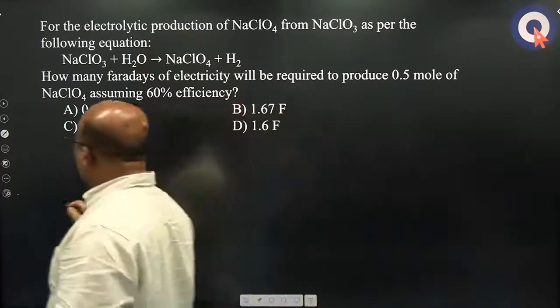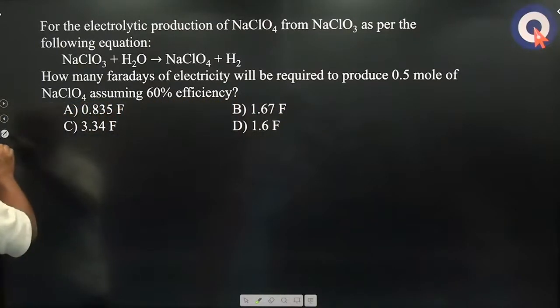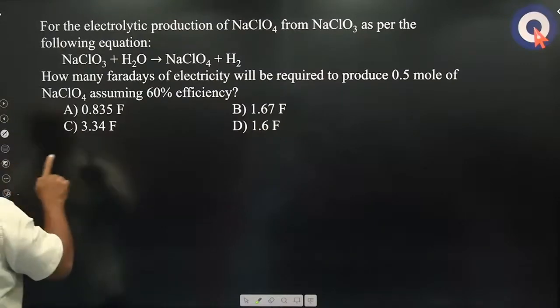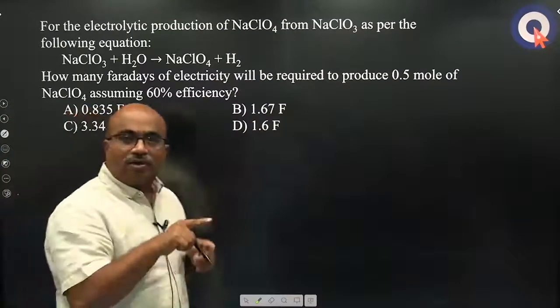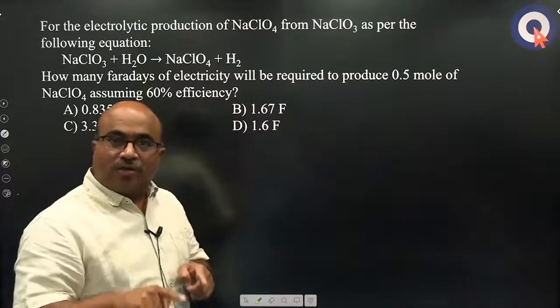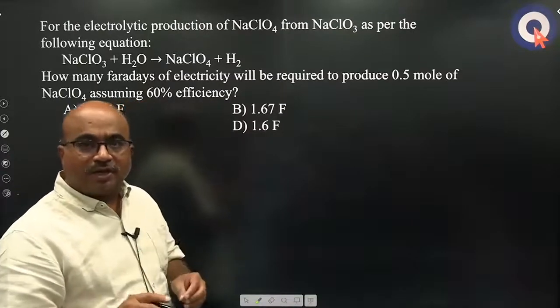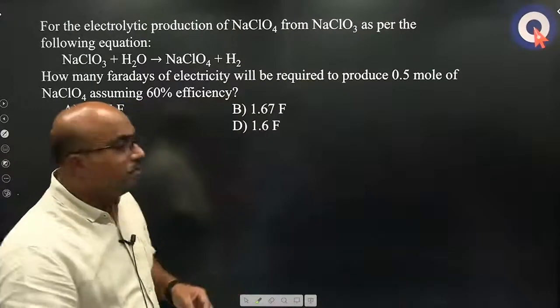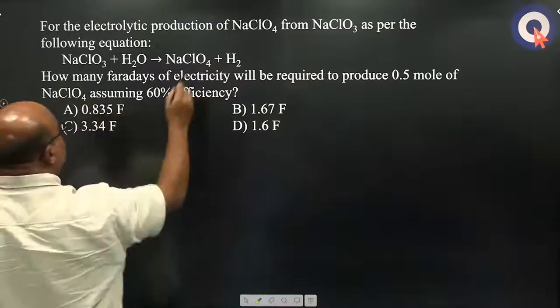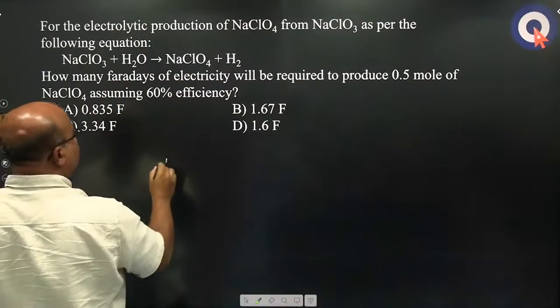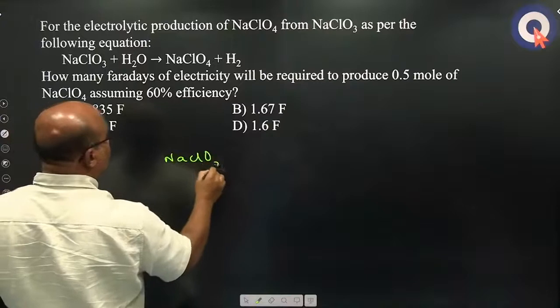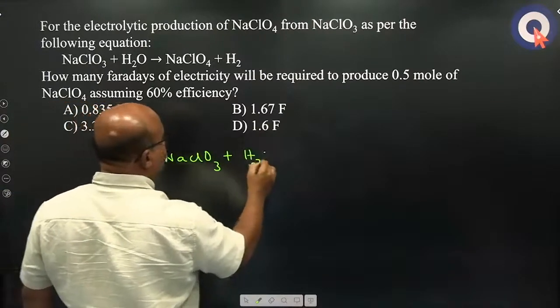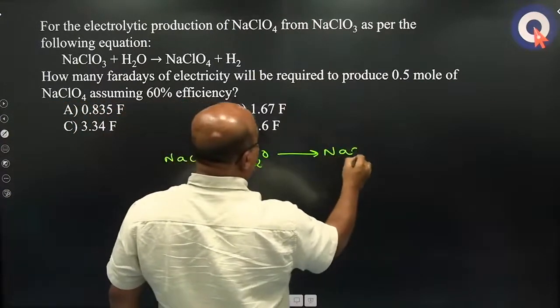So again, whether it is an electrolytic cell or a galvanic cell, the primary condition in electrochemistry is you have to predict the basic cell reaction and the total electrons involved. So the cell reaction here is already given, that is the conversion of NaClO3 into NaClO4.